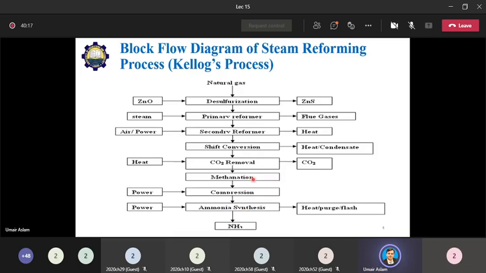Then we compress the gases and send them into the ammonia synthesis step, where nitrogen and hydrogen combine to form ammonia gas. After the formation of ammonia, we send it towards storage or warehouses. So this is the brief description of the block flow diagram of Kellogg's process.